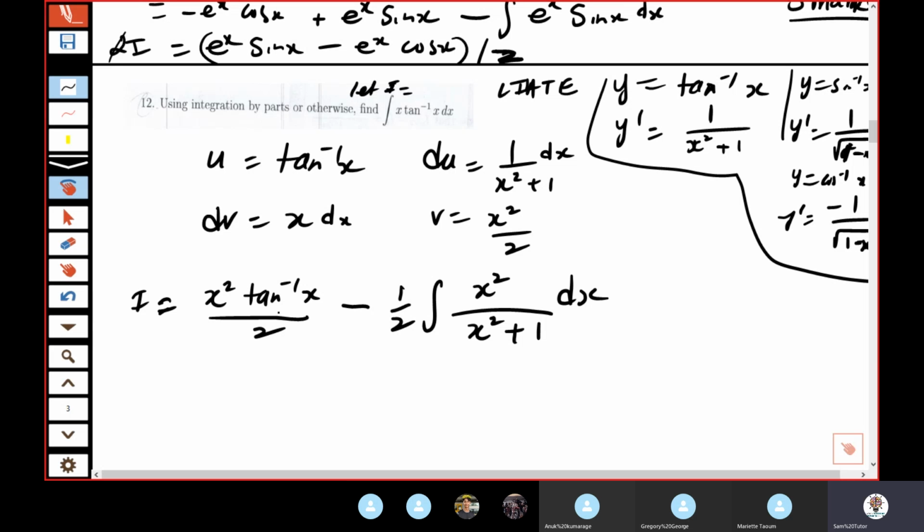Okay, this one, not a problem. That's a tick. This one, x squared on x squared plus 1.